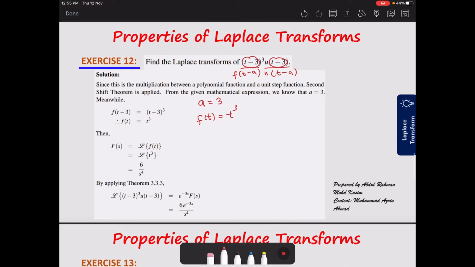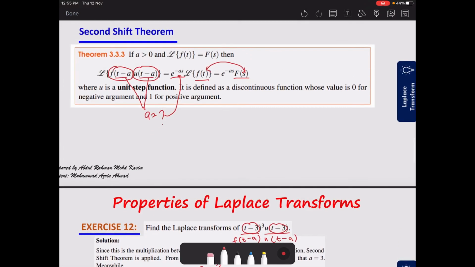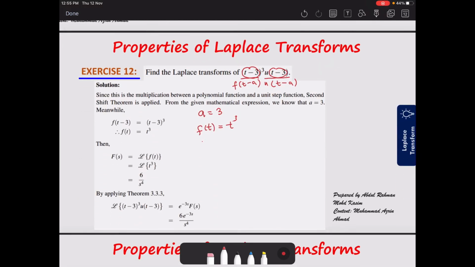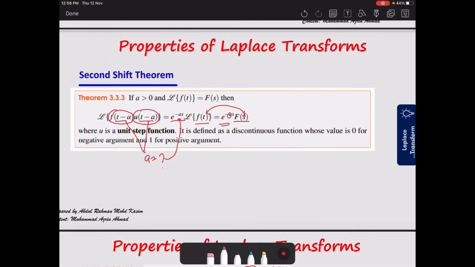Now from these properties, if you already have your a, the answer for the first term is exponent negative as, and the Laplace of the f(t). When you Laplace f(t), you get 3 factorial over s to the power of 4, which gives you 6 over s to the power of 4. So your final answer from this theorem is the combination of exponent negative as with the F(s).